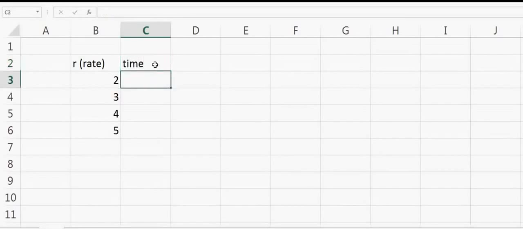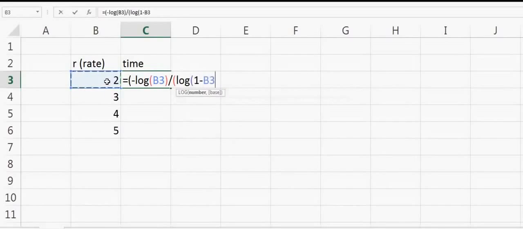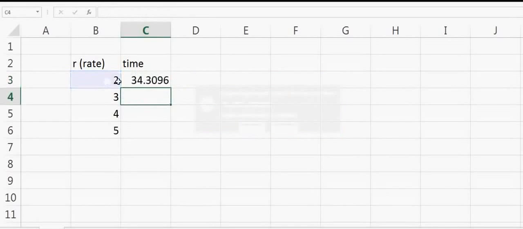So the time for your money to become half will be equal to minus log of 2 divided by log of (1 minus r). I'm dividing r by 100 because it's in percentage, and that's your time.